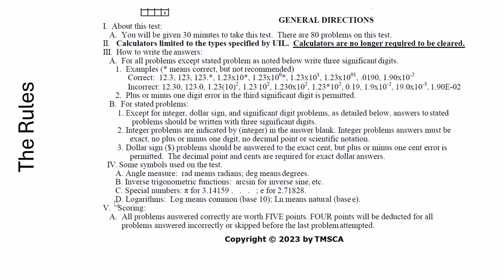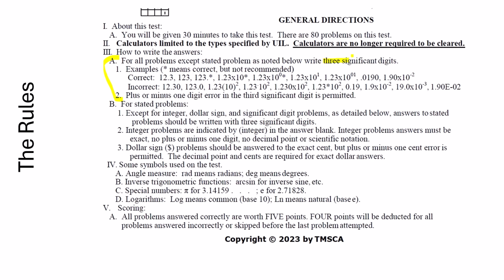When you're taking this test, please feel free to flip to the front of this page. This beginning section right here, go ahead and highlight, is super important to look at, all right? All of your problems need to be written in 3 significant digits.